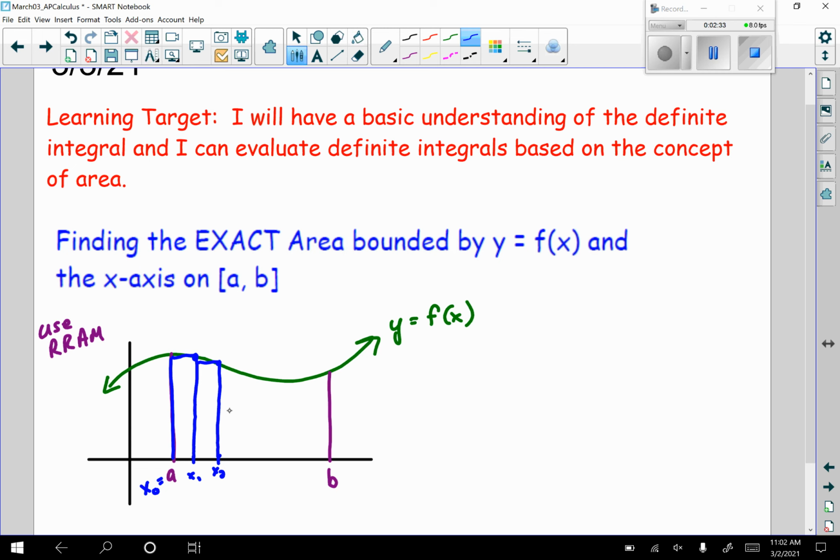And I'm going to do this a series of times here. So somewhere in the middle, I'm going to have x sub i minus 1 and x sub i.